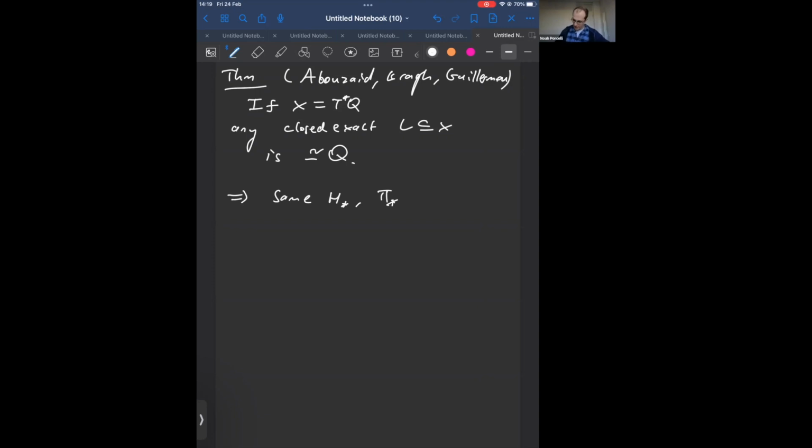Now you can ask how different can homotopy equivalent manifolds be?